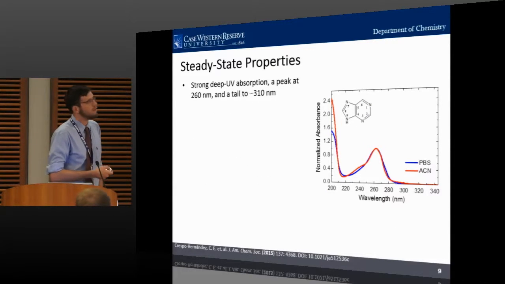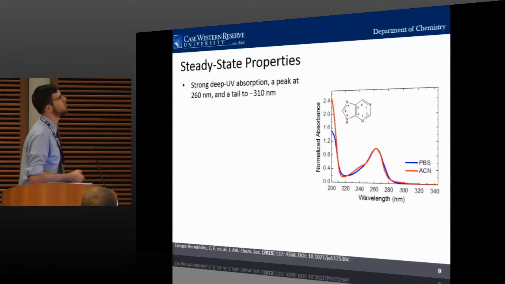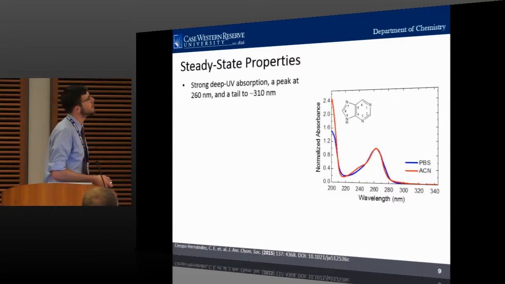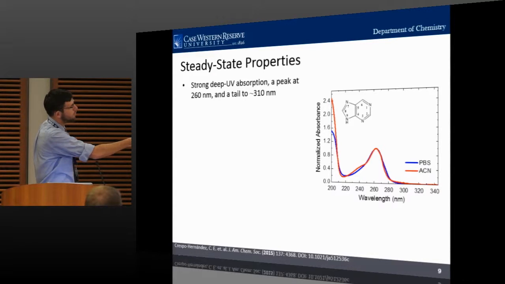So to begin looking at the purine itself, we looked at the steady state, just the absorption of the base itself. And we see that just like the natural bases, adenine and guanine, it has an absorption in the UVB around 260, a higher energy, stronger absorption, and then a tail going out to about 310 nanometers.